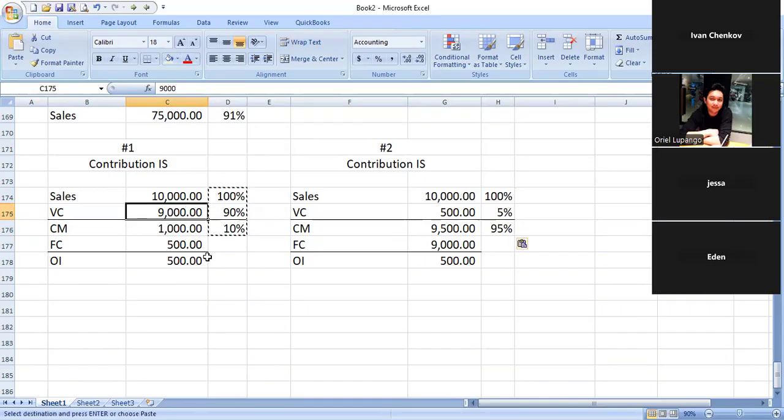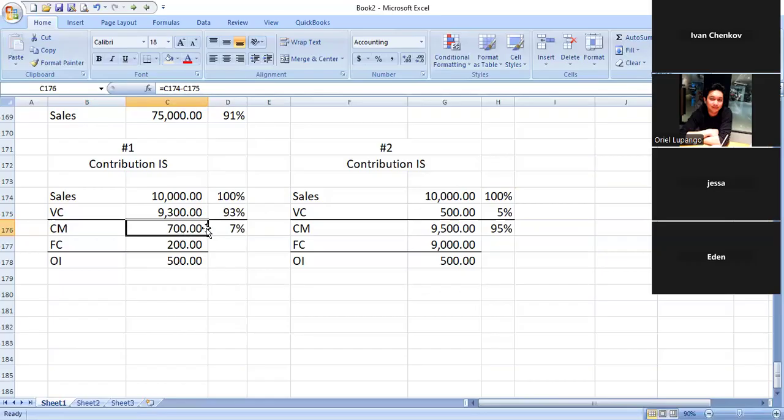Let's make it more dramatic here. Let's make the variable cost $9,300, and $300, so that means the fixed cost is only $200. That way, in this case, one additional unit sold doesn't give you much contribution margin.